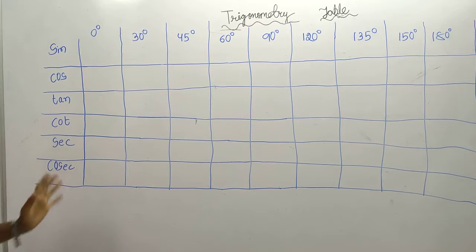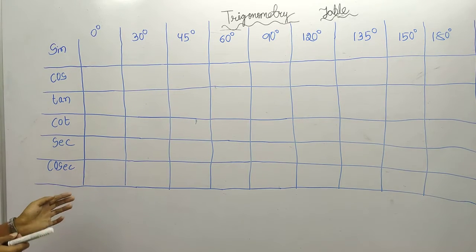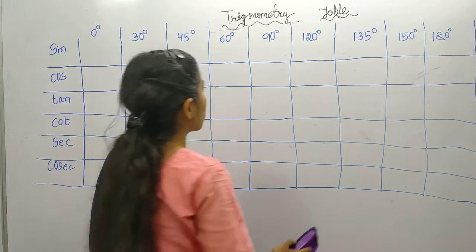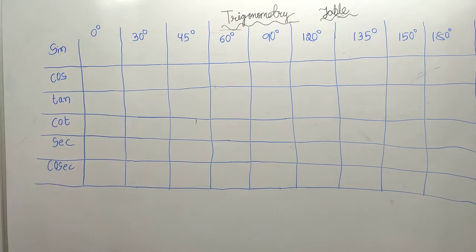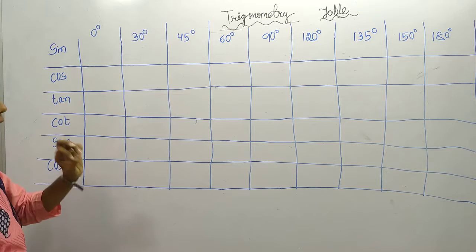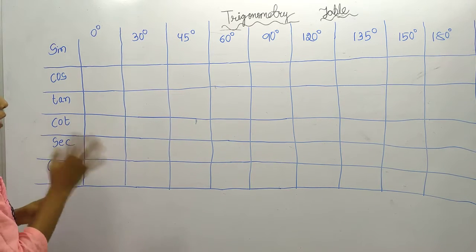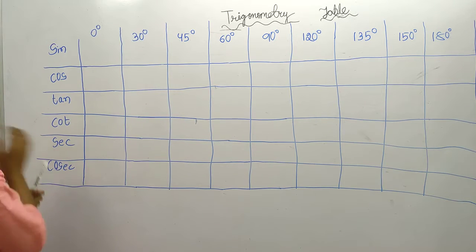Then we will learn about the trigonometry table. Okay, so let's see the trigonometry table. First you have to remember only sine and cos values. Nothing, it's very easy. So let's see what is the trick of the trigonometry table.